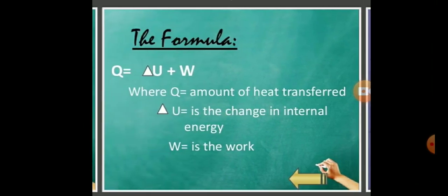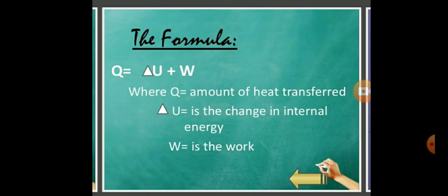Now from this formula, on the left hand side, Q is the heat absorbed by a system, then it increases its internal energy, that is del U, and it performs some work, that is W. So the summation of the internal energy change and work done is equal to the heat absorbed.